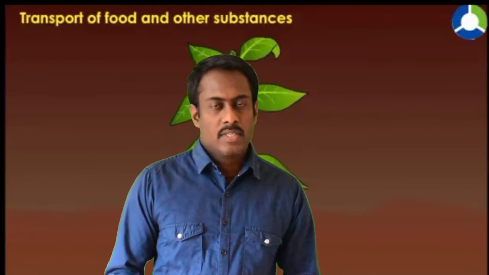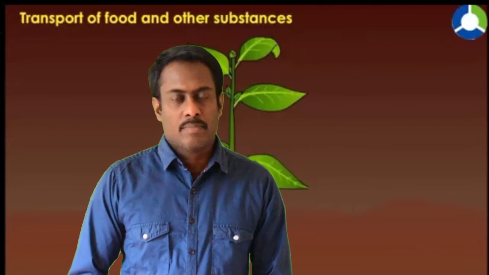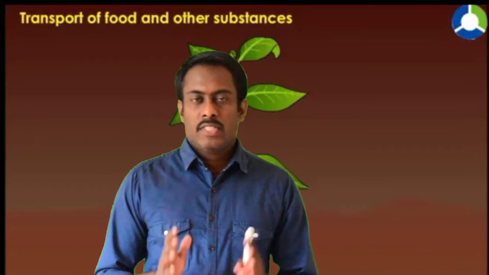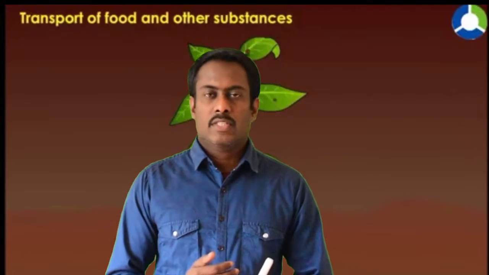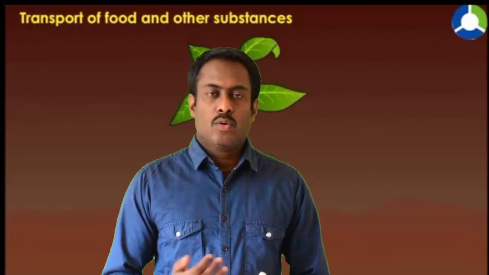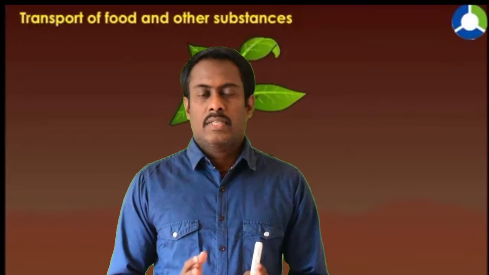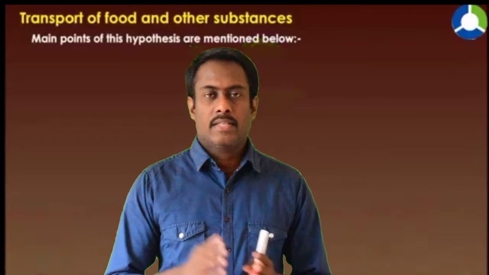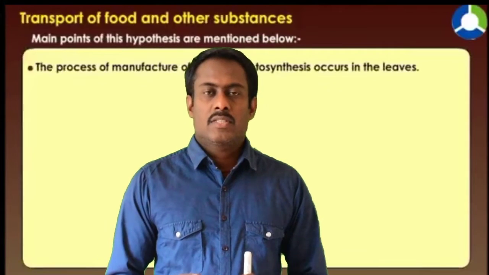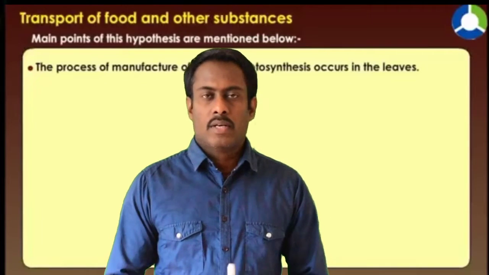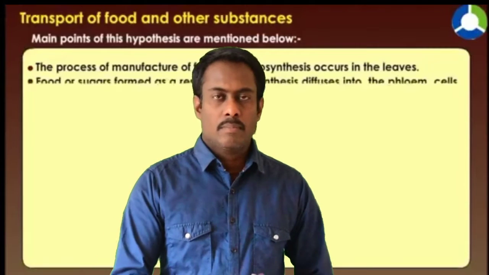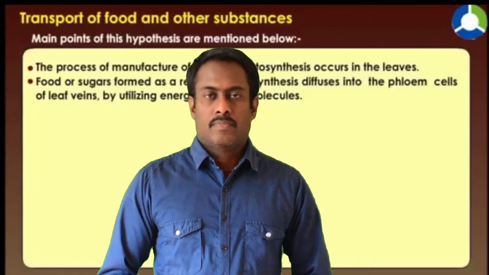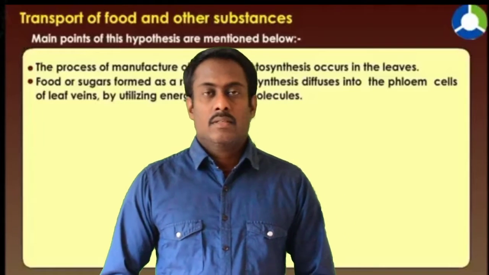Now let us see how the transportation process takes place in plants. First, you know that the plant body which is in contact with the soil takes up a lot of ions, and this difference in the concentration of ions in the plant cell and its surroundings makes water flow from the surroundings into the plant cell in order to balance the concentration.